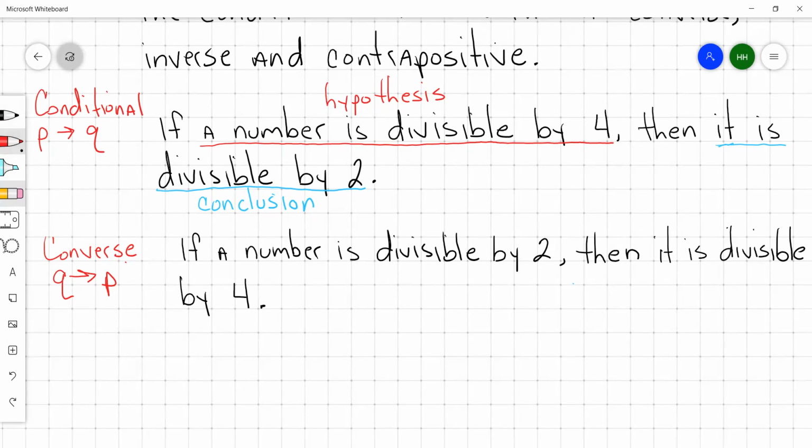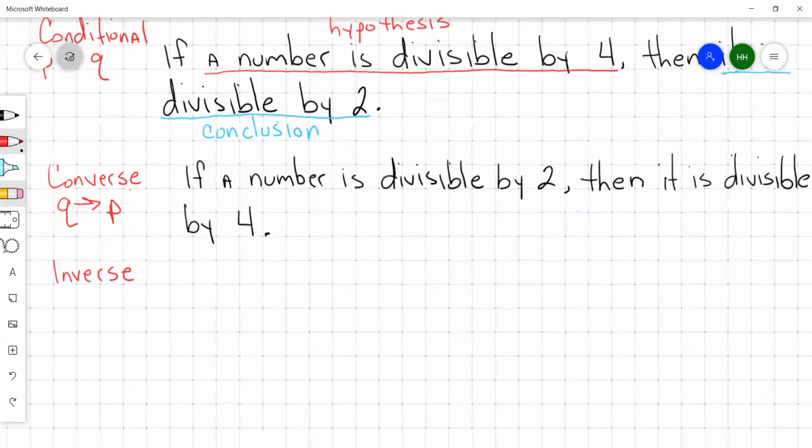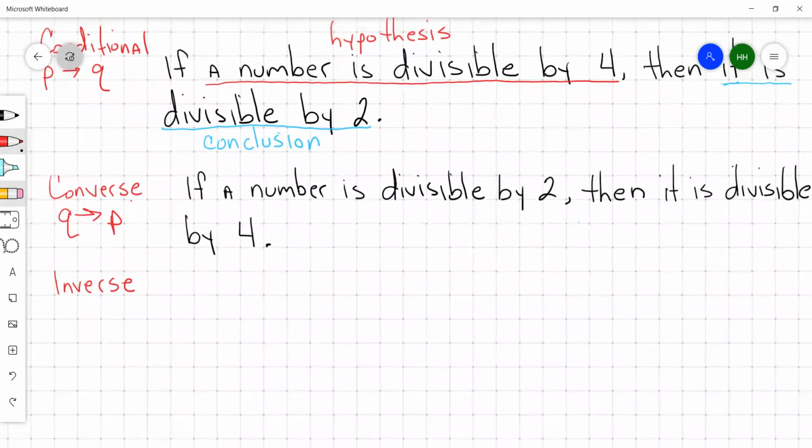Next statement that we're going to write is called an inverse. When you write an inverse, this symbol right here means to negate. It also means not. So we would read this, if not P, then not Q. So we're going to go back to the original conditional statement, and we're going to negate the hypothesis, and then negate the conclusion. The way you do that is by inserting the word not.